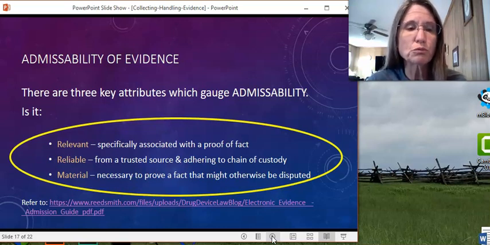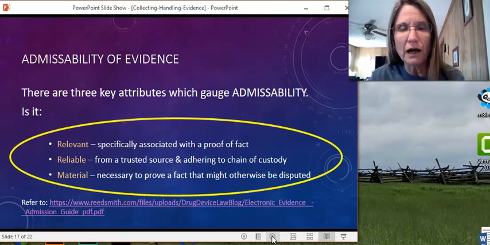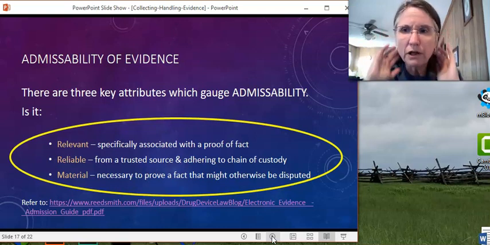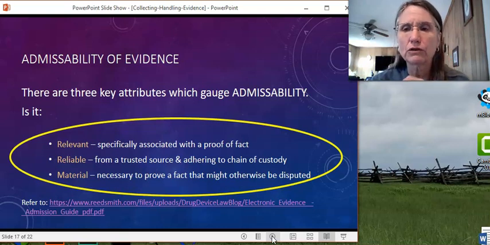Of course, when something is relevant to a case, then it must not be going off on some kind of tangent, some side avenue to try to explain how crooked our defendant is.